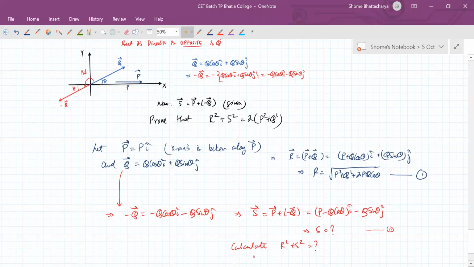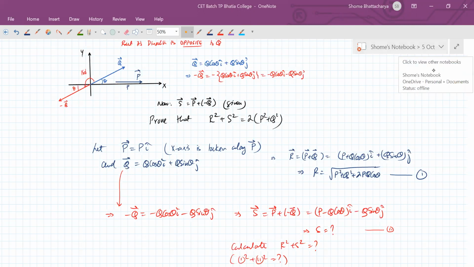Take equation 1 square and add it to equation 2 square and see what you get. So you should be able to prove this. Okay. Yeah, Navdeep, I'll come to question 5 also. But part 3, you understood this method so far? Okay, good. So just try this out, finish off these steps.